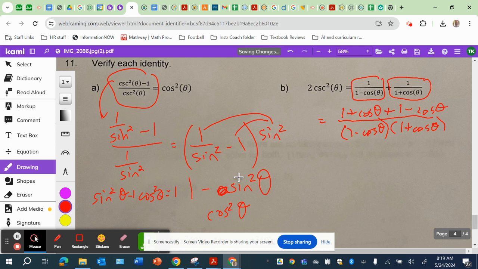So the cosines cancel out, and you're left with 2 over, and when you multiply this out, the outside and inside go away. So 2 over 1 minus cosine squared theta. Again, if you use your trig identity, 1 minus cosine squared is sine squared.